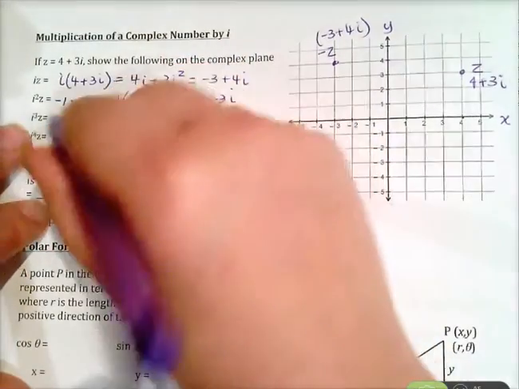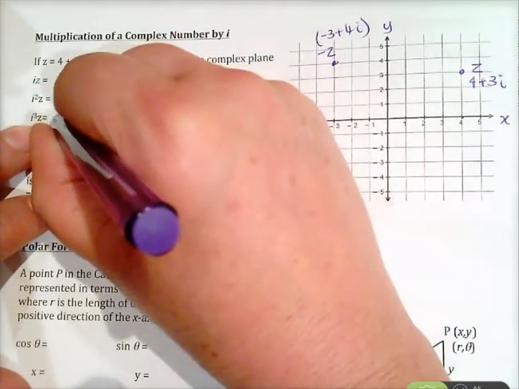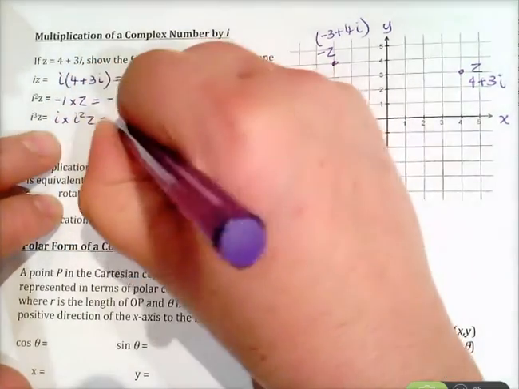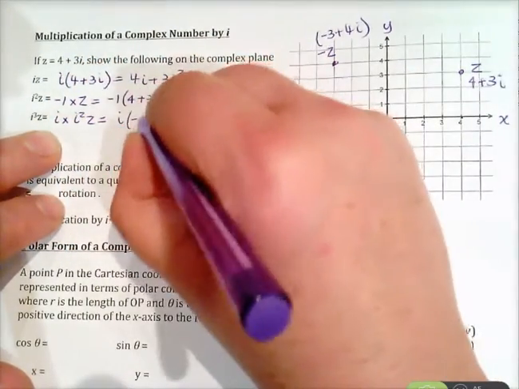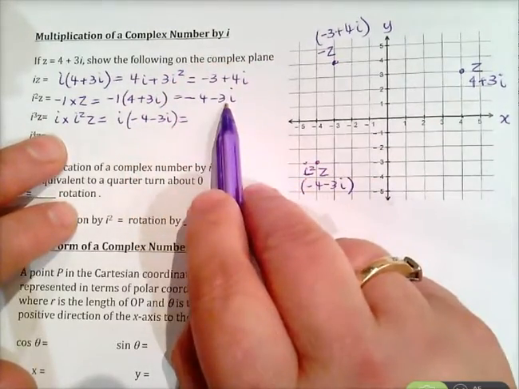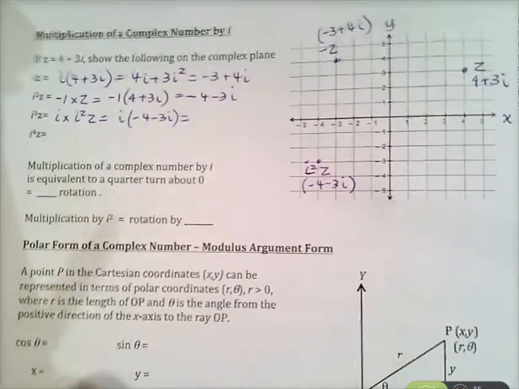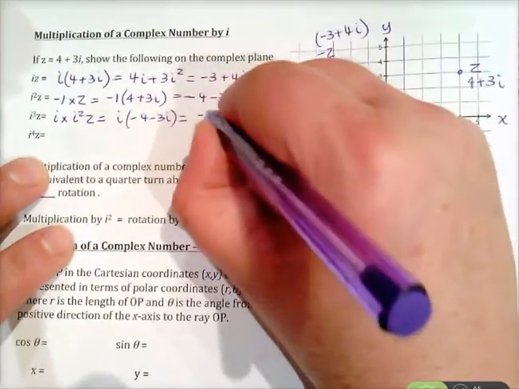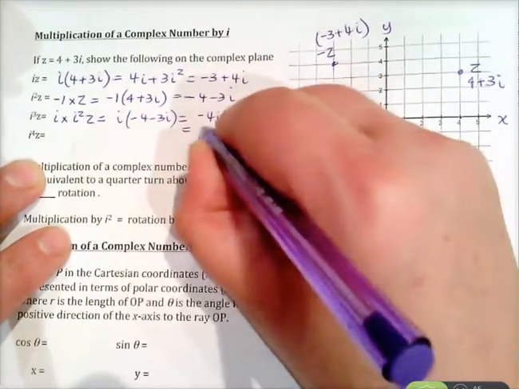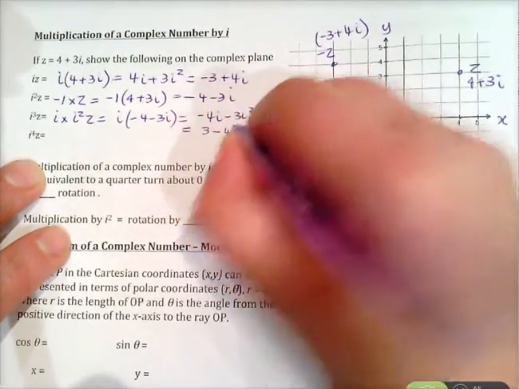And the last, i cubed Z, that is i times i squared Z, which will be i times negative 4 minus 3i, because i squared Z is our answer here. So we get negative 4i minus 3i squared, which is 3 minus 4i.